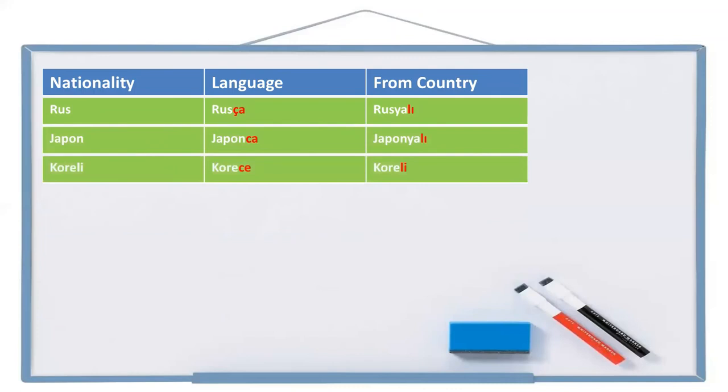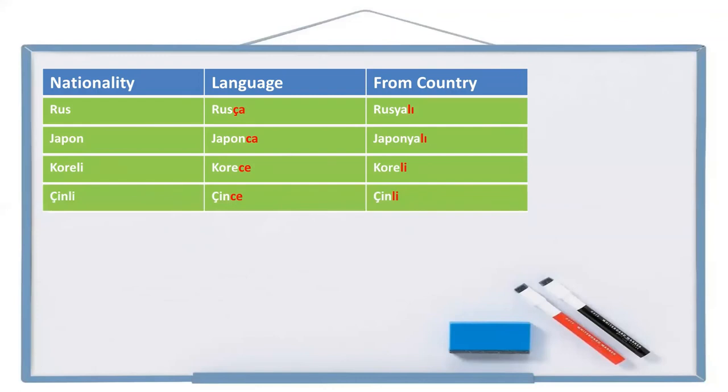The nationality Korean is Koreli, and the language Korean is Korece, and the country, Korea, is Kore, and from that country, Koreli. As you see, the nationality and from that country is the same this time. Some of the examples will be like this.